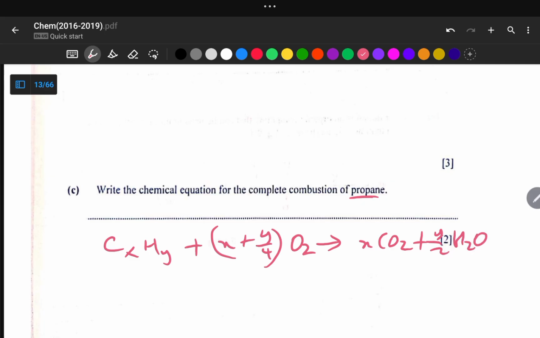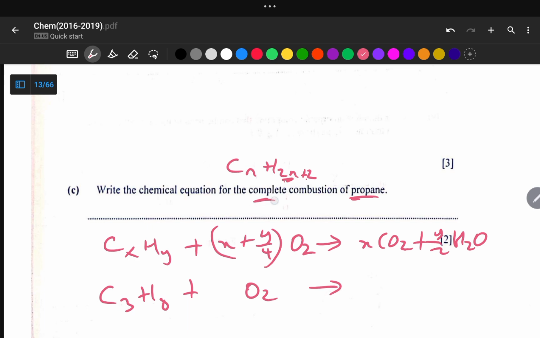So we can apply this using propane. Propane is an alkane, and the general formula is CnH2n+2. Prop means 3, so we're going to have C3, and 2n is 6, plus 2 is 8, so C3H8. Plus oxygen.